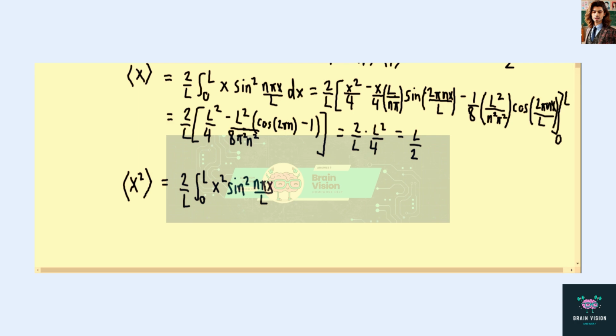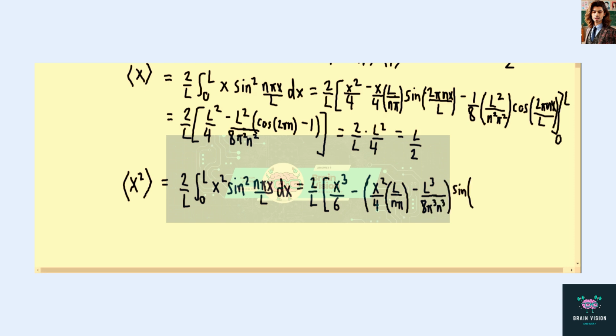So we just substitute in x squared inside the integral and multiply by the square of the wave function and integrate from 0 to L. And we get, again, another complicated integral, but we can use a table of integrals or use integration by parts, and we get the following. So notice in this integral that a lot of it will go away.